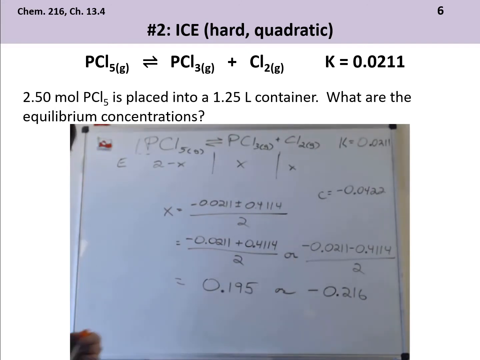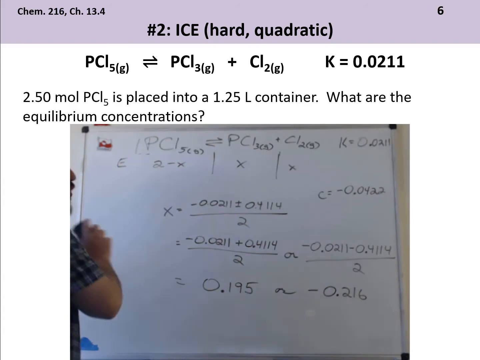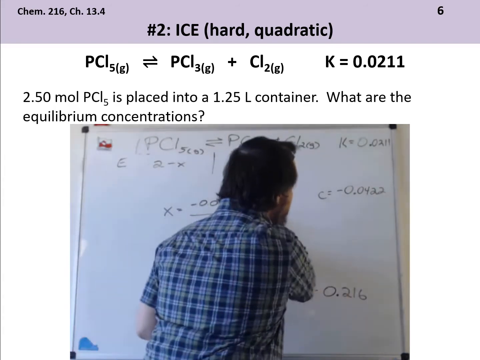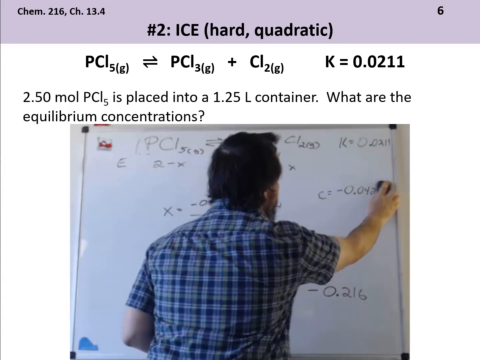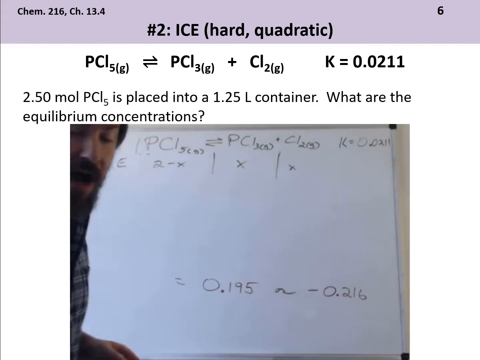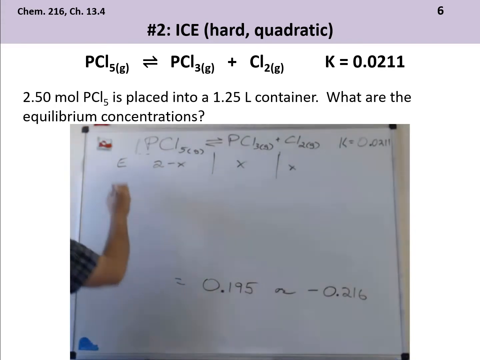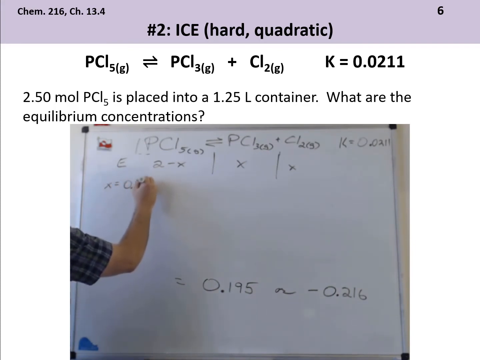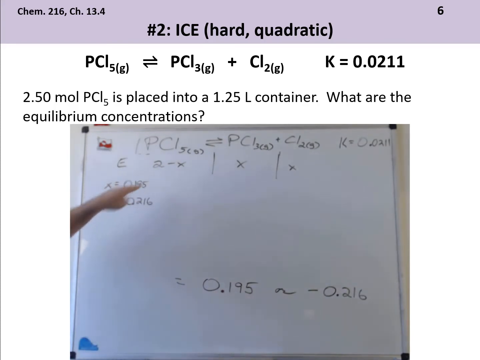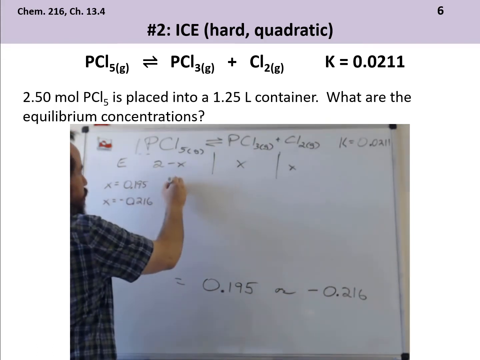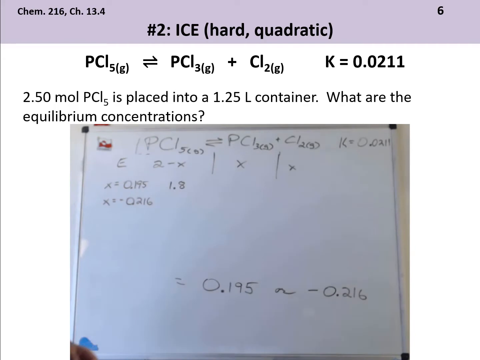So how do I know which one's right? I try them both. And typically it becomes obvious which one's right. So let's say x is equal to 0.195 and x is equal to negative 0.216. If x were equal to 0.195, 2 minus that would be 1.805.